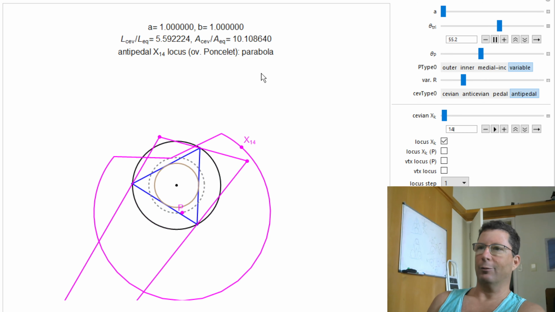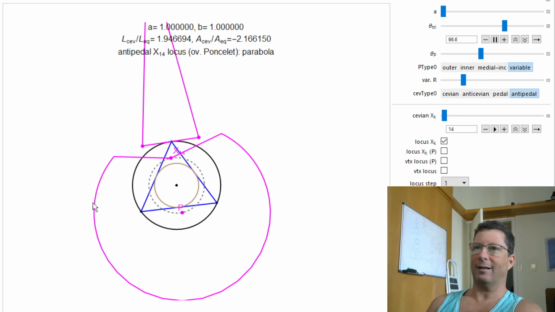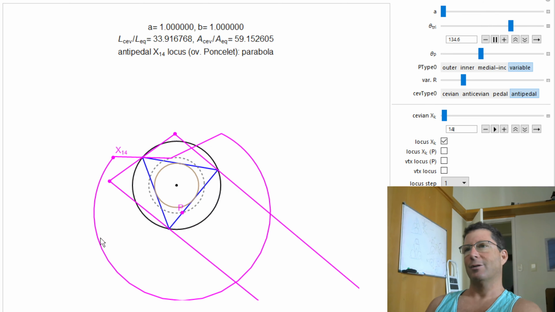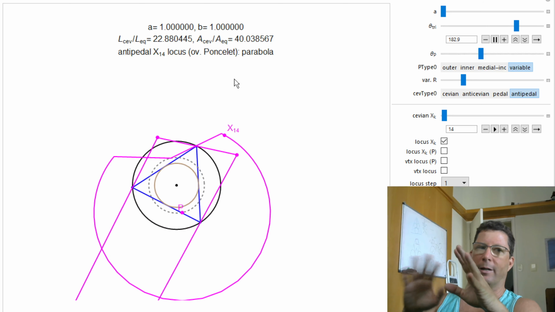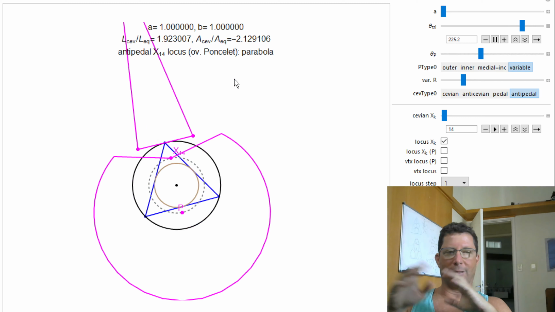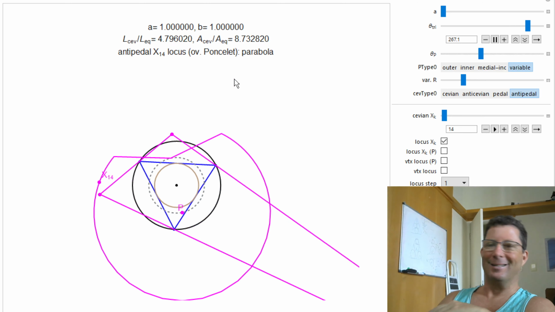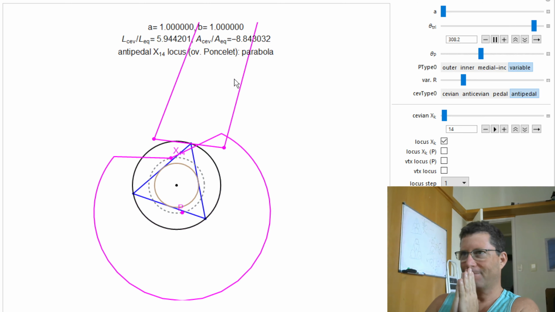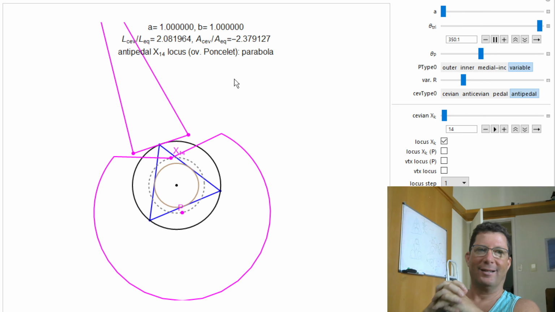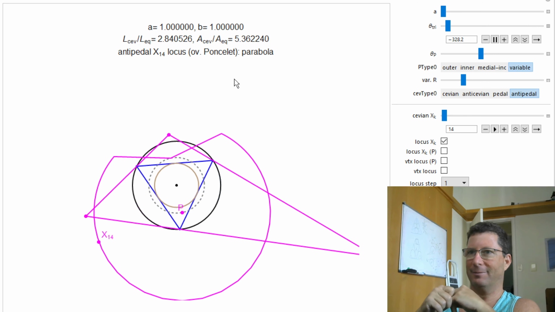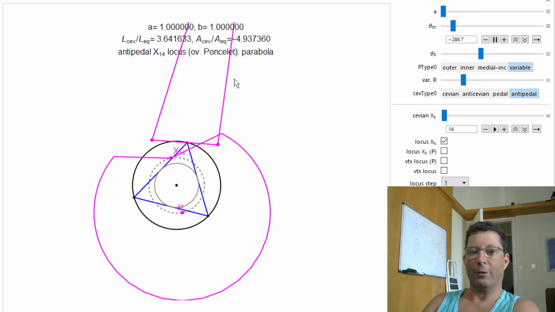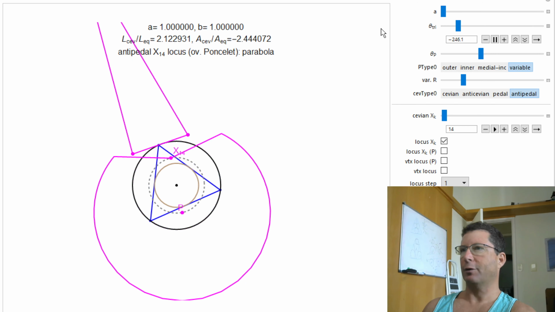The jury will be out here for a while, but this looks like, no, this cannot be a parabola, of course. So this is probably an arc of a circle, and I'm getting some numeric sampling error here. I'm probably sampling the wrong points, and it's thinking it's a parabola. I only sample 5 points to determine if something is a parabola. Should sample more. Okay, so that's x14 bistable.